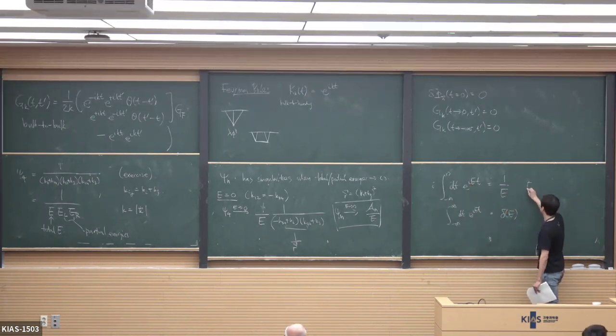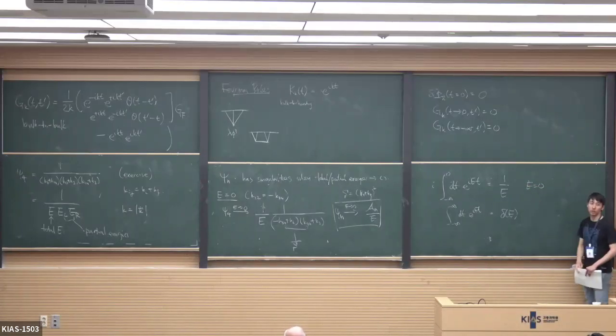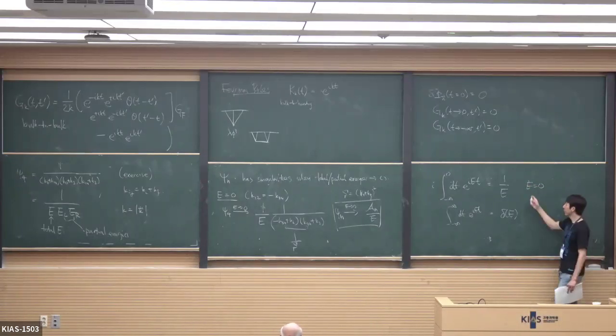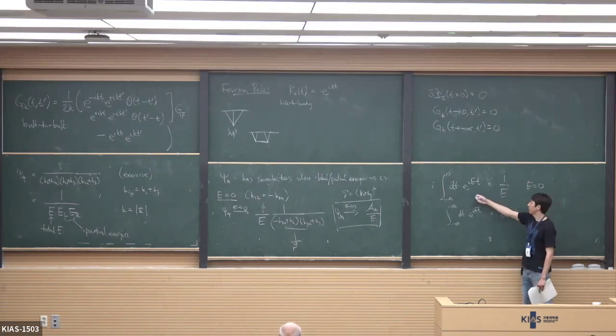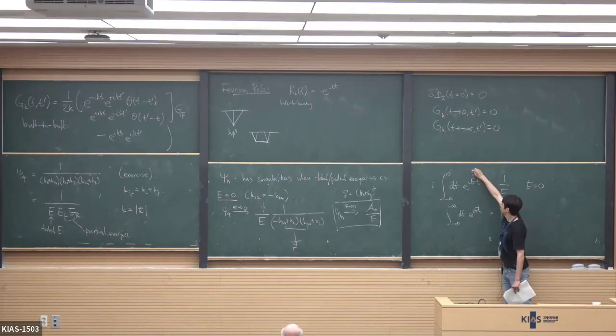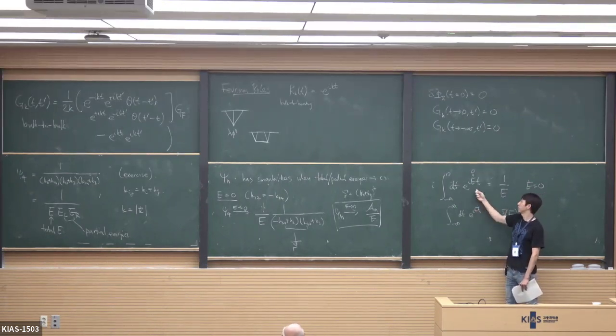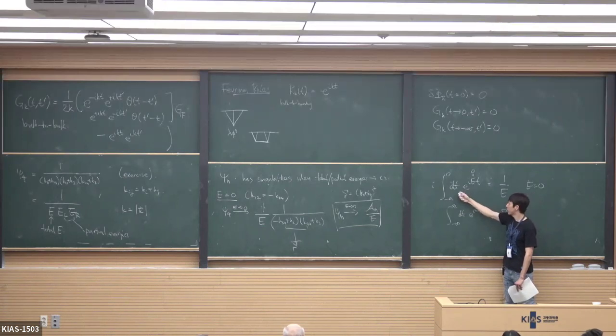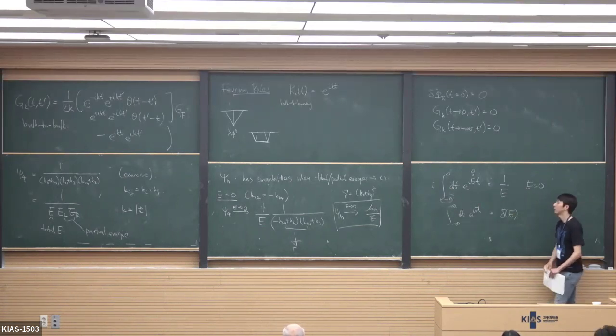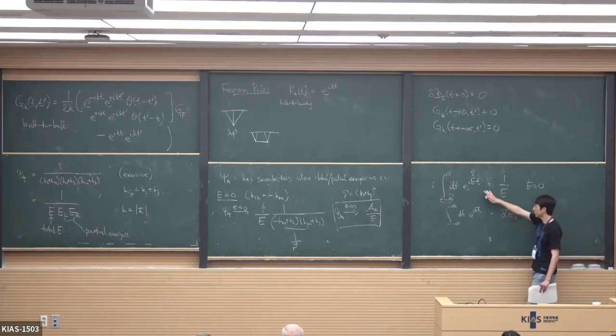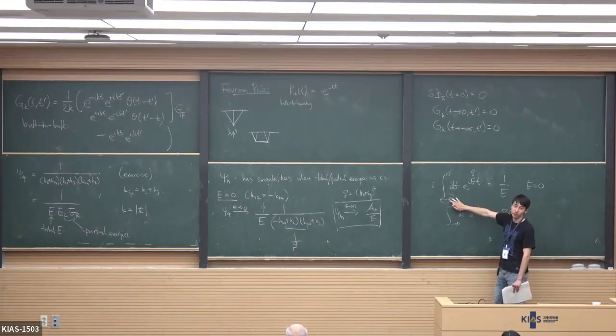But what happens is that when you take E equals 0, there's a singularity. From the integral, there's a singularity because when you put E equals 0 here, this integral blows up because this is no longer oscillating to suppress the contribution from minus infinity. So actually, this integral blows up due to the infinite contribution that comes from the lower limit of the integral. So the integral gets dominated at early times.